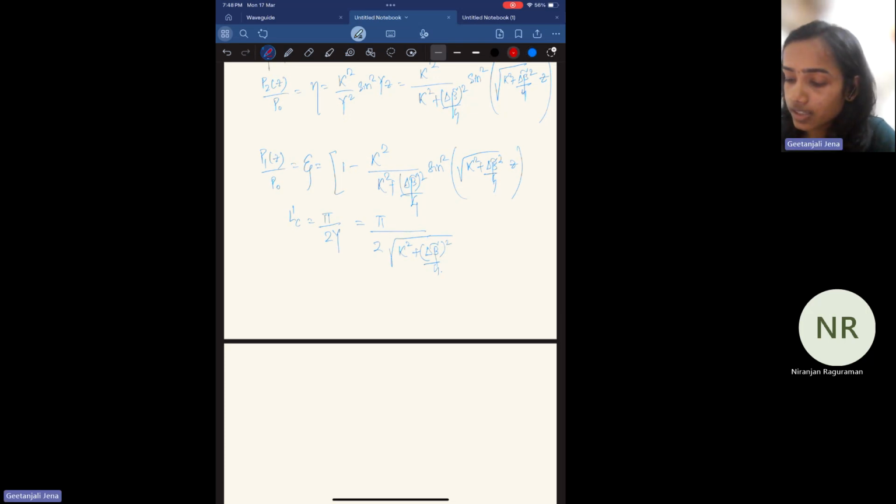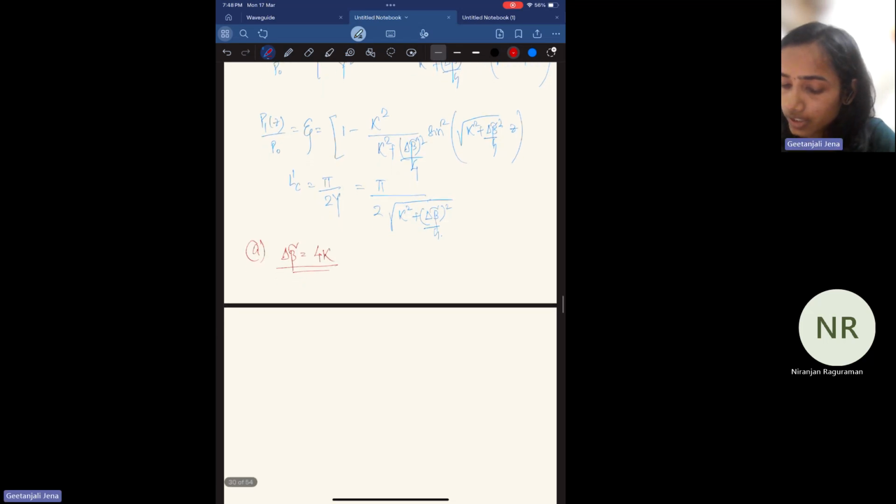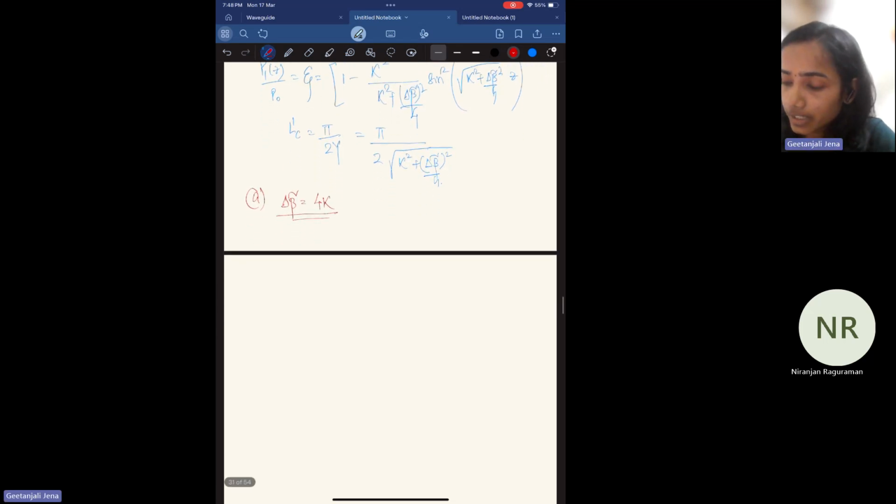Let us see the first case. The first one we have delta beta tilde, which is 4k. For this case, if you find out the coupling length LC prime, this is pi by 2 gamma.